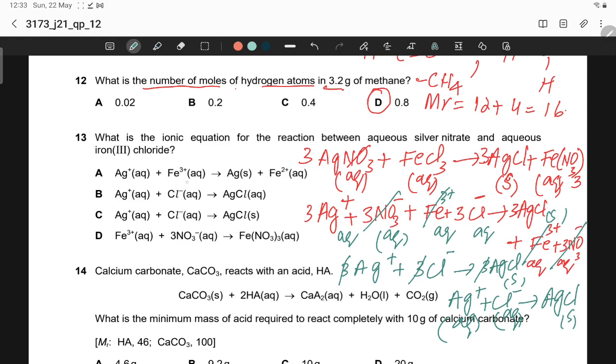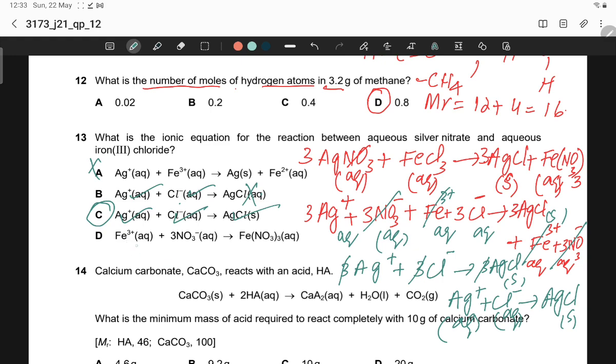Ag+ with 3 ions is incorrect. Ag+ aqueous, Cl- aqueous, AgCl solid: Ag+ is correct, Cl- is correct, and AgCl solid is also correct, so C option is correct.